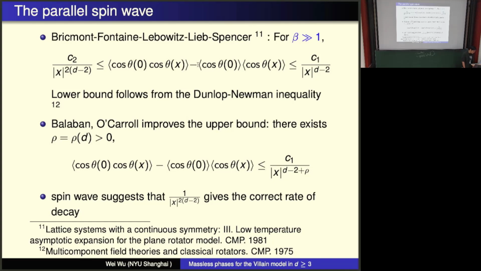So what we did with Paul is we tried to study all these questions in the context of the Villain model at low temperature.